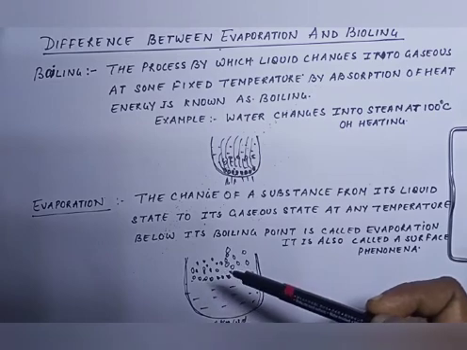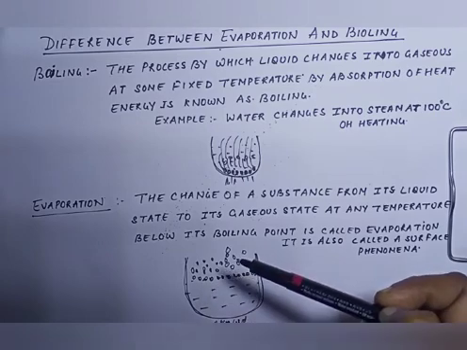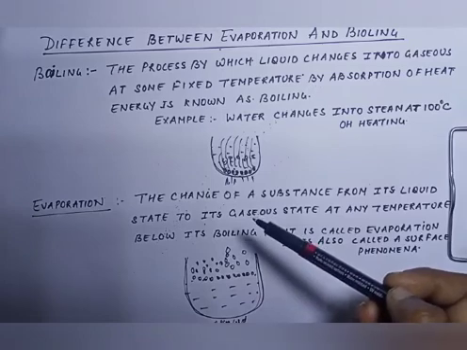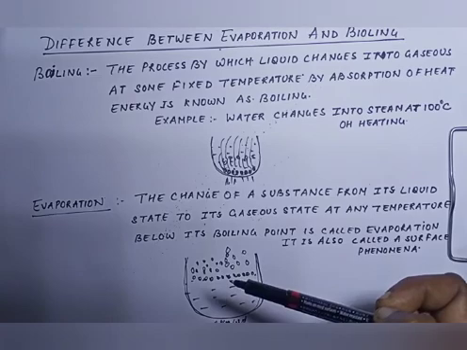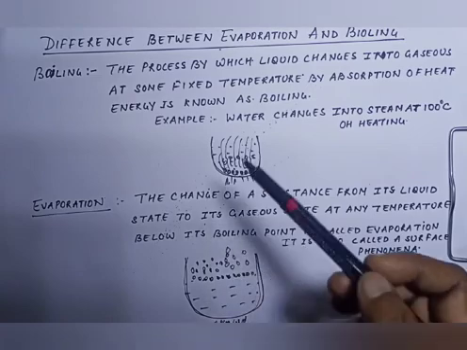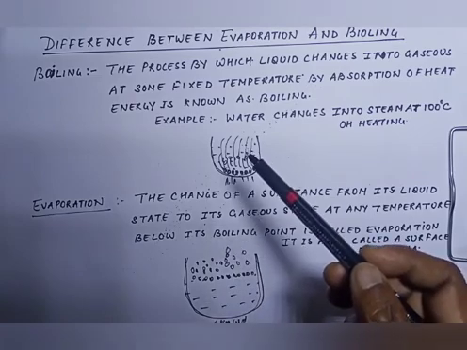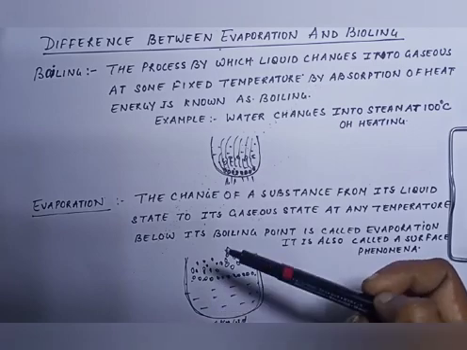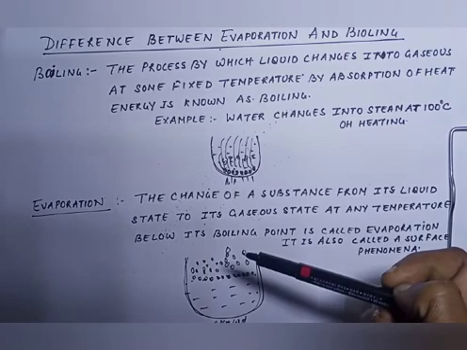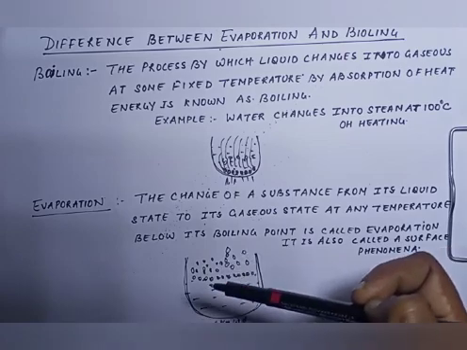We never give a source of energy, like the water in the river, it evaporates. And the last is temperature of liquid. In boiling, the temperature remains constant, that is 100 degrees Celsius. But in evaporation, the temperature of the liquid tends to decline. It will decrease continuously.